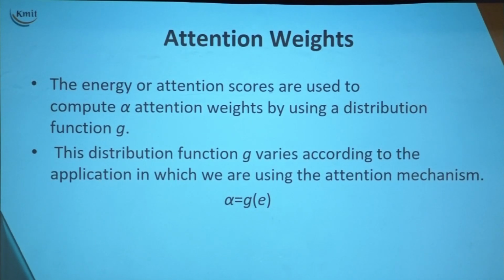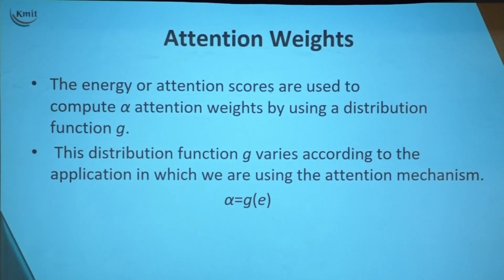Now attention weights. Once you have got your attention scores, or energy scores as some places call it, now you will try to find out the attention weight: which input has to be given more priority, which has to be given more weight. Attention weights will be calculated by using a distribution function, means a mathematical function will be applied to your attention score and you will get an attention weight out of it.